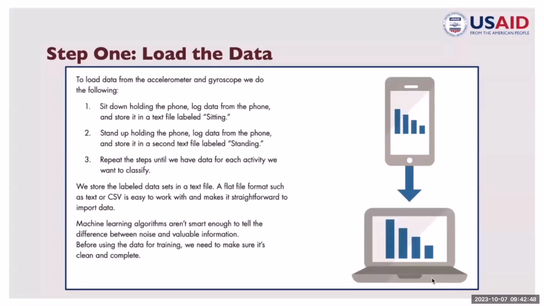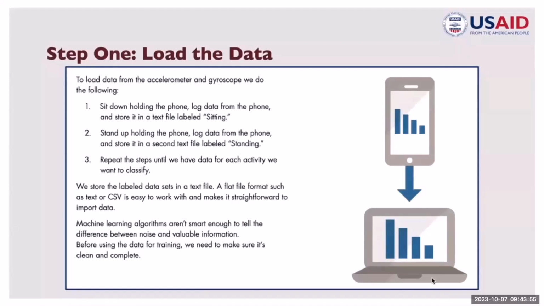Second, stand up holding the phone, log the data, and label it as standing. We repeat the whole process until we achieve our desired number of samples or instances. The available sensor or labeled data can be in the form of a text file or CSV file.